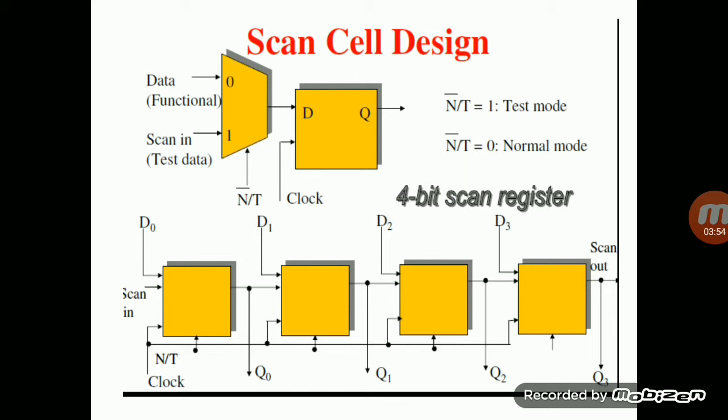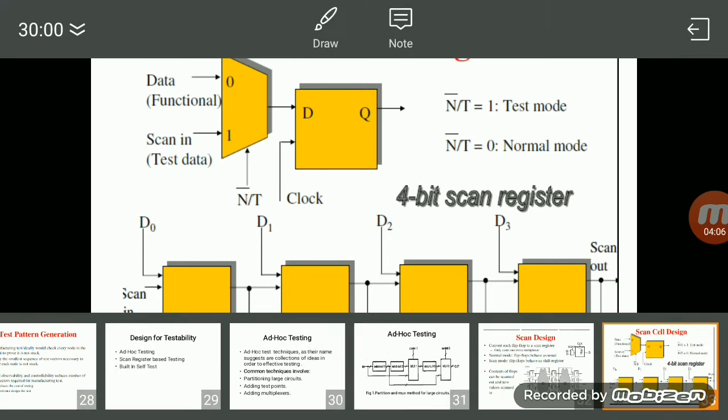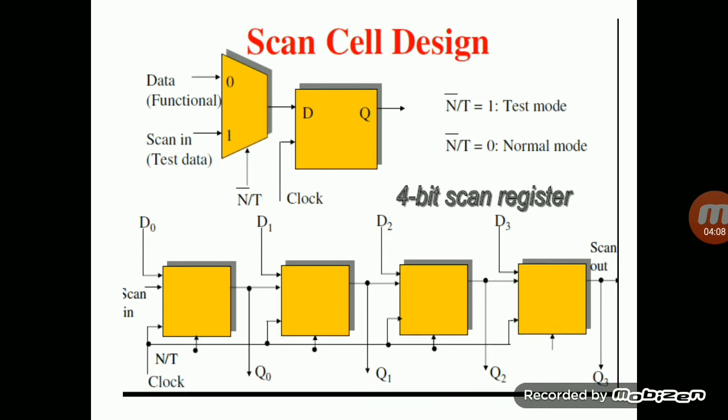We have one selection line, that is N bar and T. T equal to 1 means test data enters into the D flip-flop. The D flip-flop output is given to the logic. And N bar is 0 means normal data or functional data enters into the output.